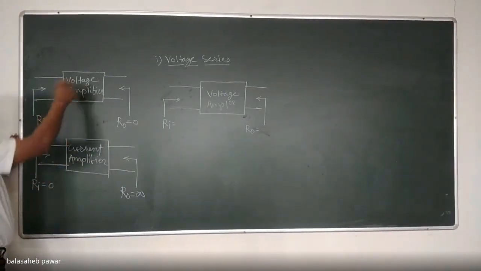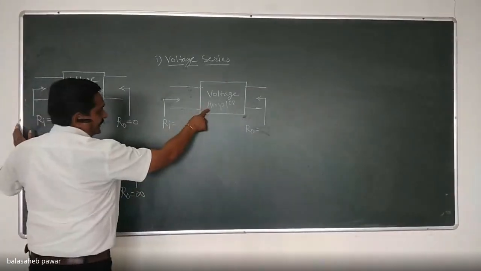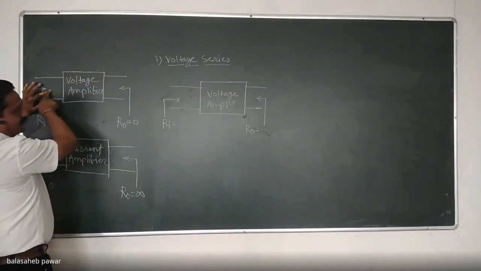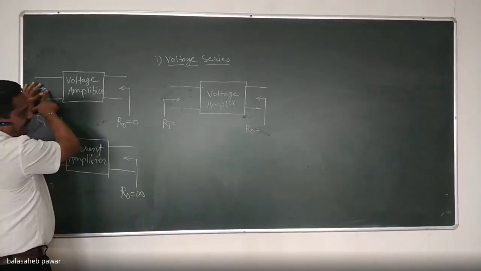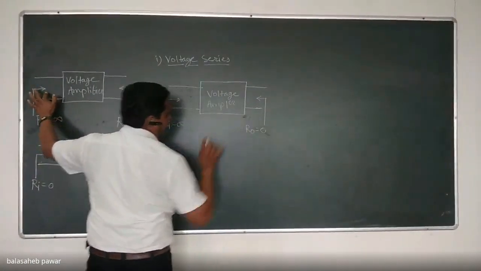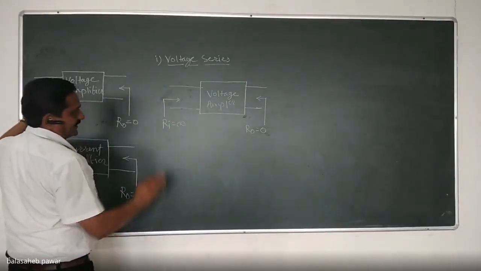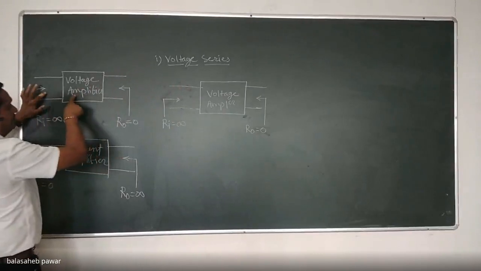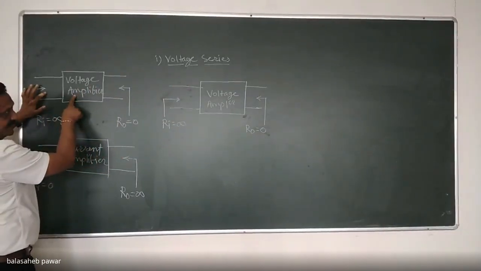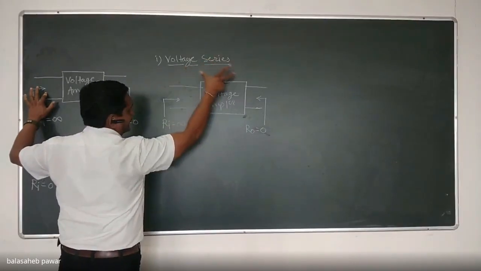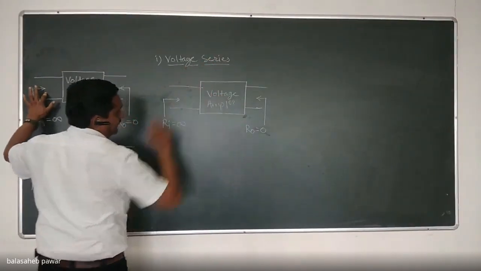That's why we are calling it accordingly. So if it is a voltage amplifier, correlate it with the input impedance of a voltage amplifier. So Ri will be infinite, and RO will be 0. Agree? Is it okay? Because it is directly correlated with the original voltage amplifier. For voltage series feedback amplifier, the basic amplifier is a voltage amplifier.